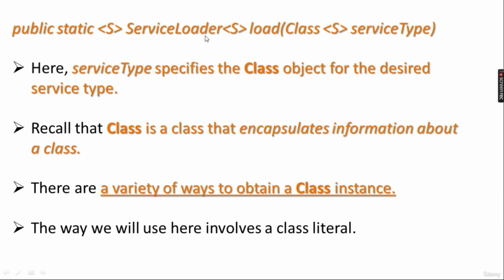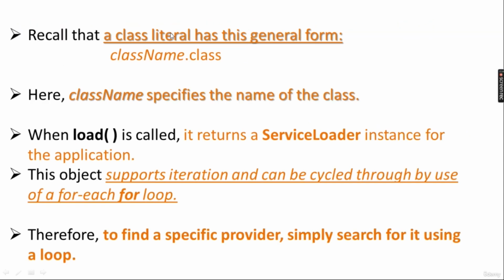This object supports iteration and can be cycled through using a for-each style for loop. To find a specific provider, simply search for it using a loop; you can use any loop, like a for-each loop.